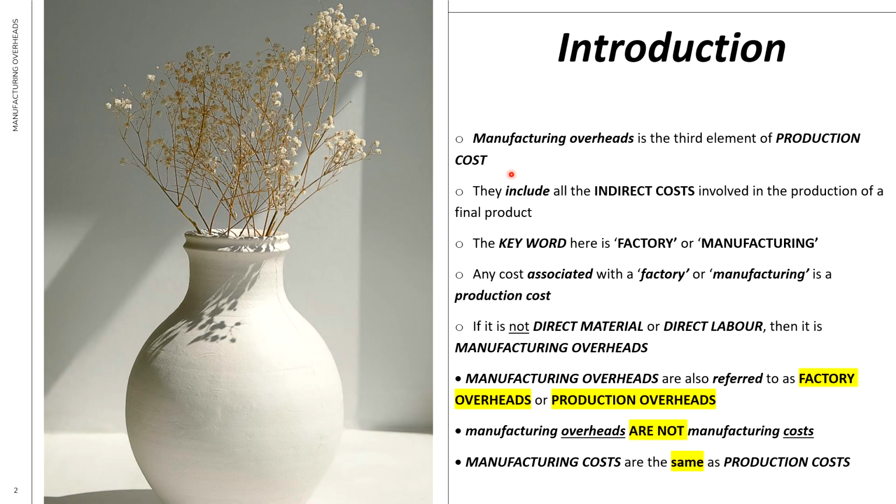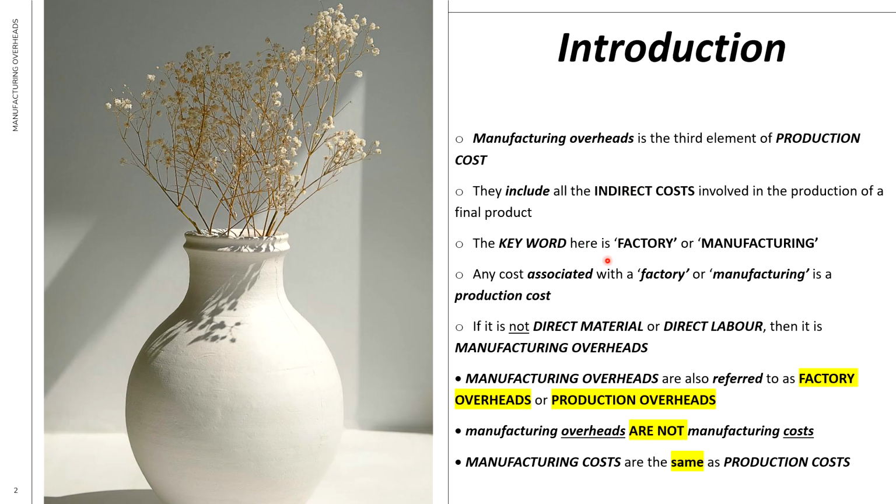Okay, so manufacturing overheads is the third element of production cost. They include all indirect costs involved in the production of a final product. That means manufacturing overhead includes all the indirect costs in the factory.